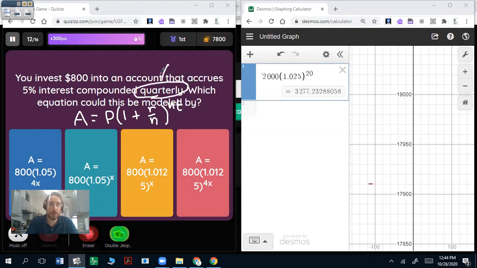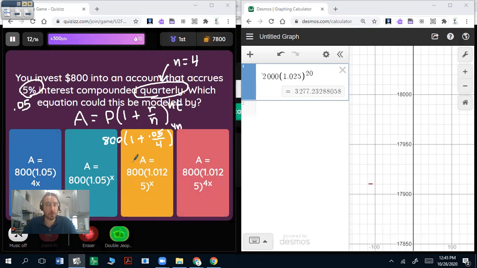If you're quarterly compounding, N would be 4. Your rate is 5%, 0.05. So what you're going to have in here is $800 times 1 plus 0.05 over 4 to the 4n power.